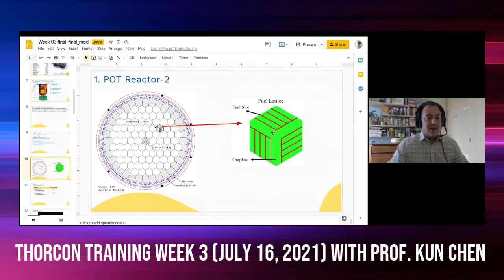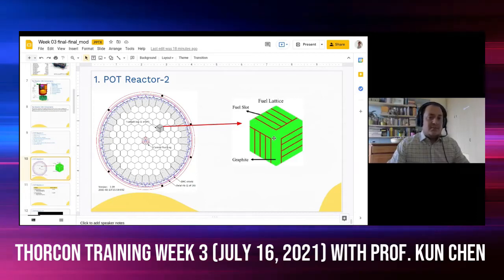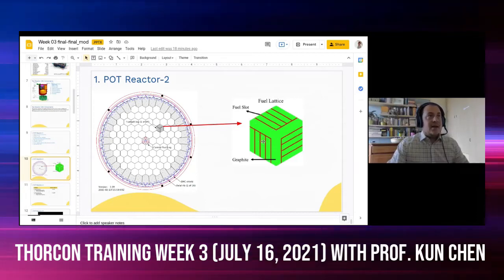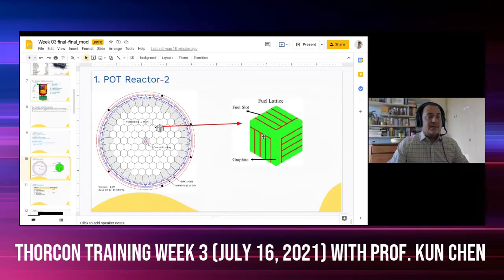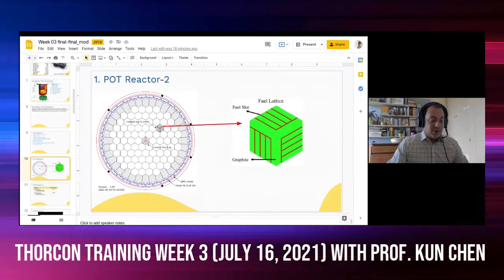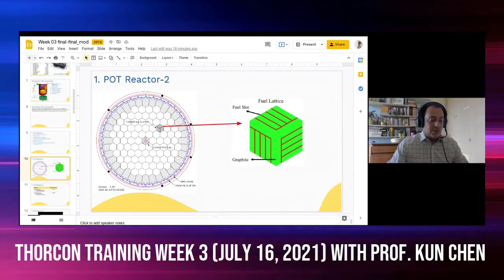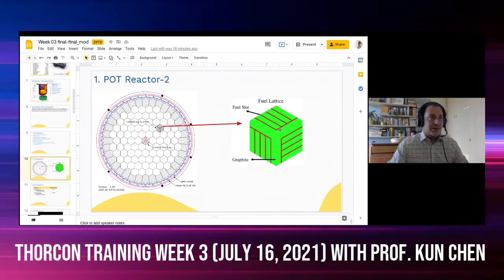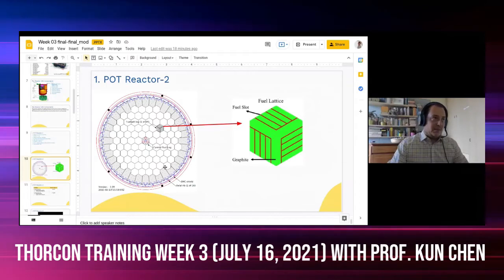A variable fraction of the heat, let's say around 5%, is released in the graphite. The temperature of graphite increases the irradiation damage due to neutrons at high energy. So we are interested in keeping a low graphite temperature.